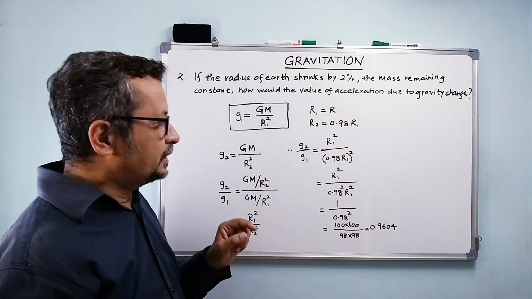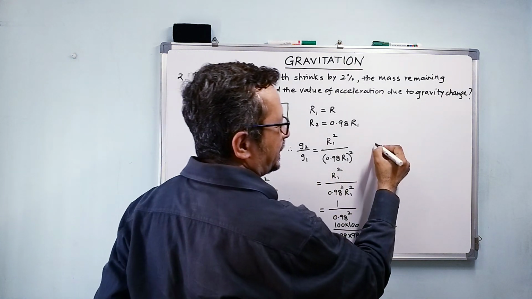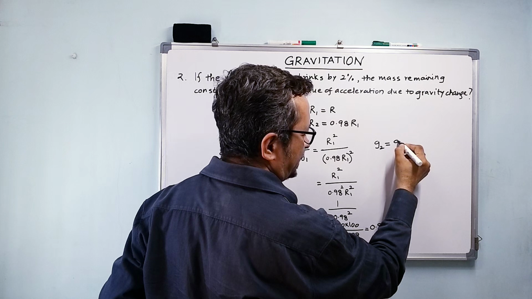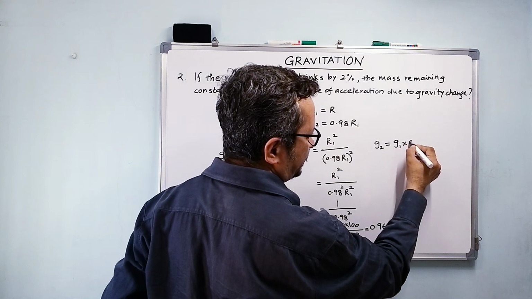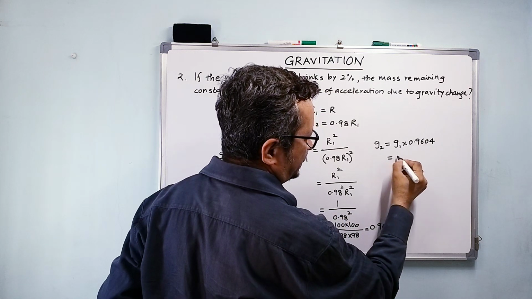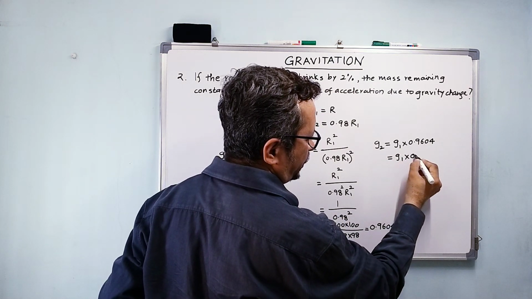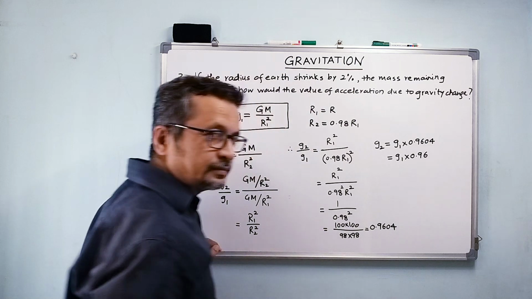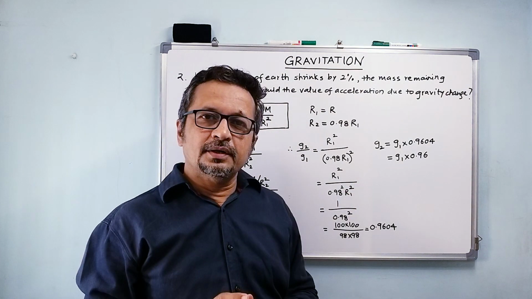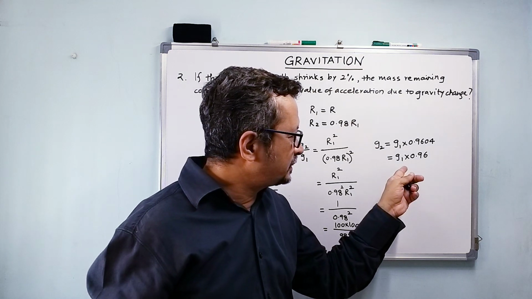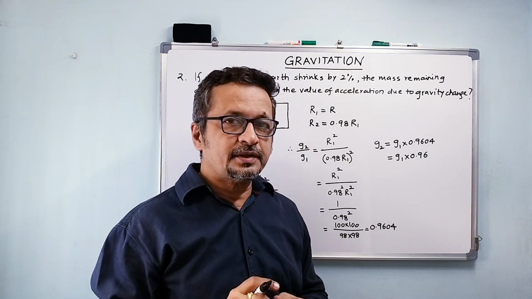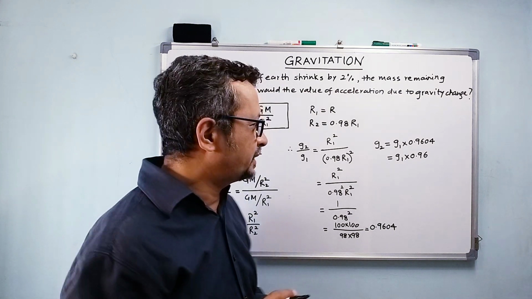Right? So my acceleration due to gravity is going to be my initial acceleration multiplied by 0.9604. So I would write g1 into 0.96. Now here, can you make out, isn't the change 4% of my initial value, right?